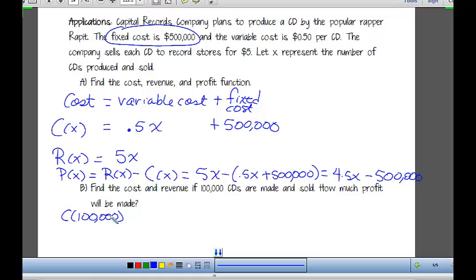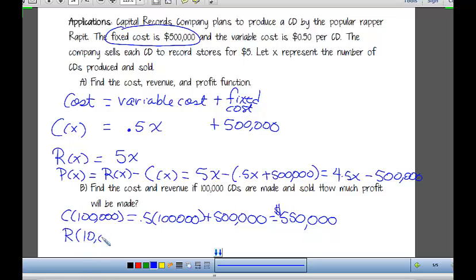Okay, so if we plug in 100,000 into 0.5 times 100,000 plus 500,000, and it sounds like 450,000 or 550,000 to me. Is that right? Okay, that's the cost. The revenue is going to be what?